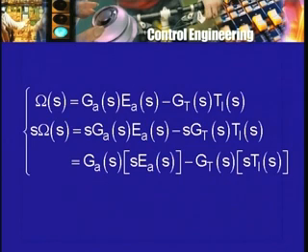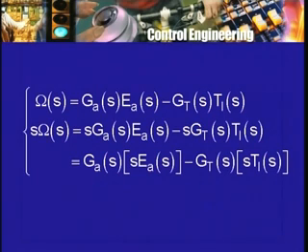So s omega s equals s Ga of s into Ea of s minus s Gt of s into TL of s. And now I am going to use the final value theorem. So I am going to take the limit of this as s tends to 0. With that in mind, then I will rewrite this as Ga of s into s into Ea of s minus Gt of s into s into TL of s.